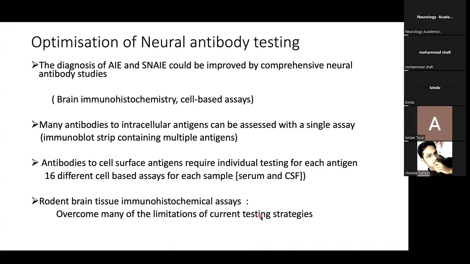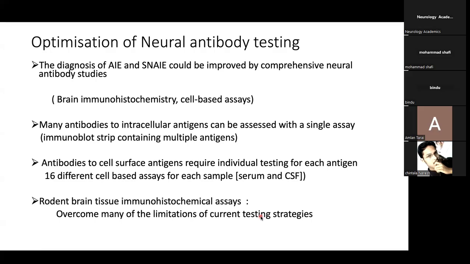How to optimize the neuronal antibody testing? The diagnosis of autoimmune encephalitis could be improved by comprehensive neuronal antibody testing, the brain immunohistochemical assay or cell-based assay. Many antibodies to intracellular antigens can be assessed with a single assay, an immunoblot strip containing multiple antigens, while cell-based assays require each antigen individually, so 16 different cell-based assays for each sample, serum and CSF.